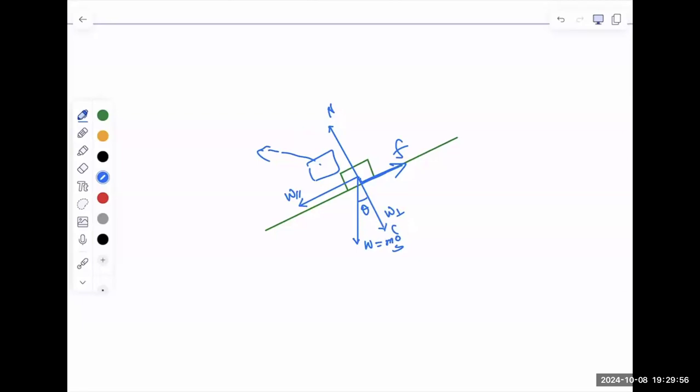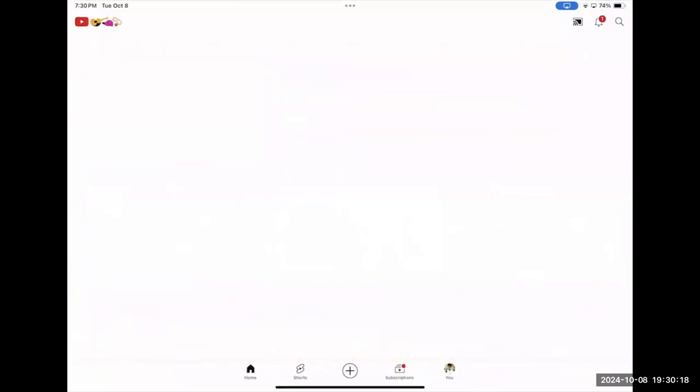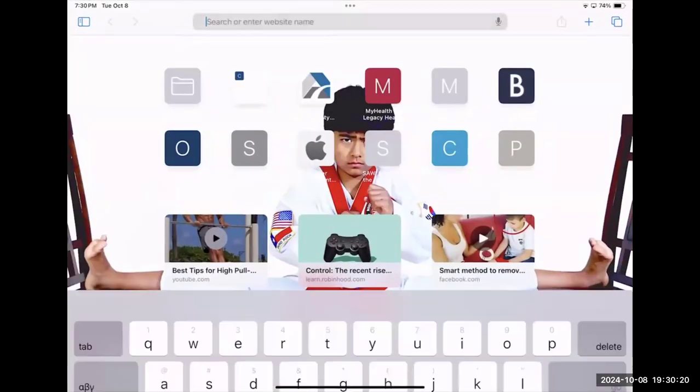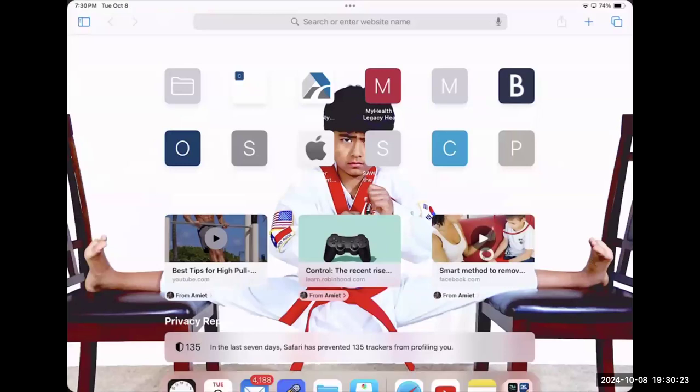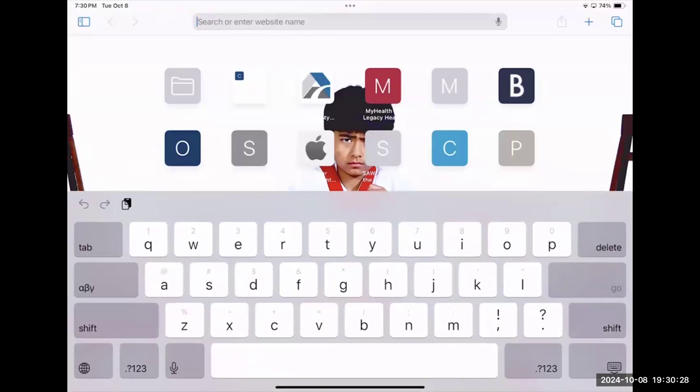Okay. Now for that purpose, I can show you another GeoGebra applet where you can interact and play. It did not pop up. It used to pop up here.